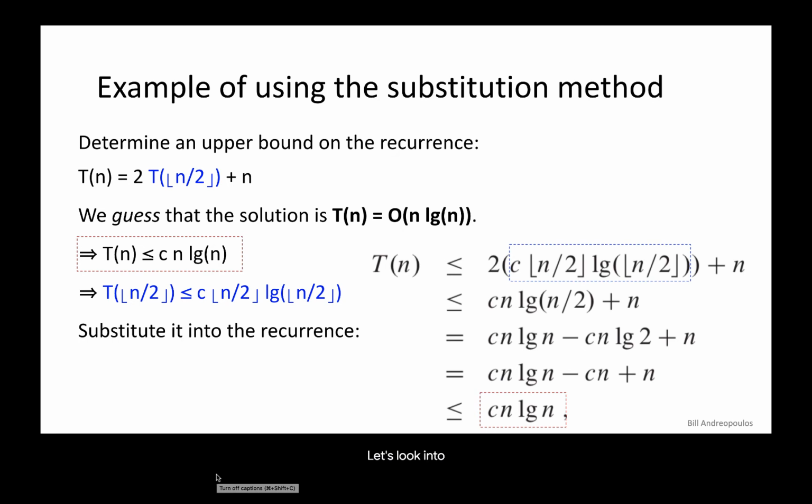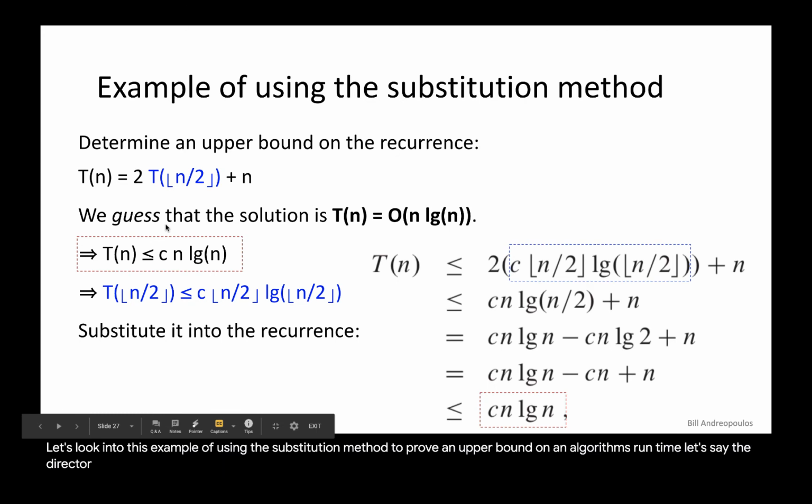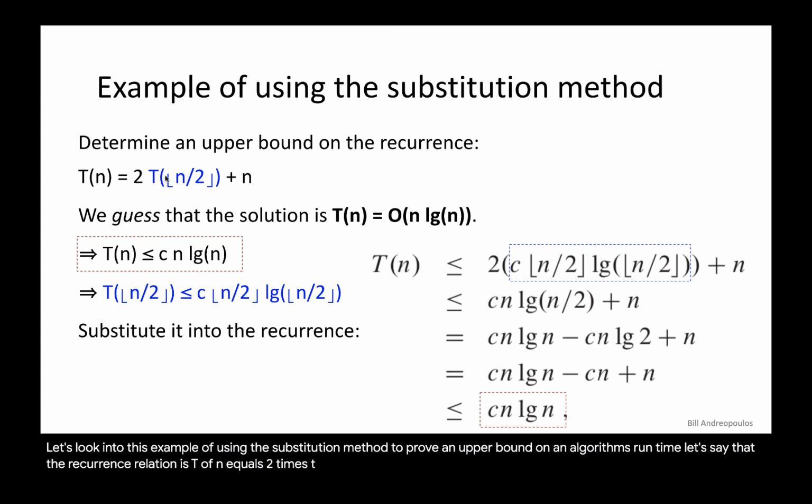Let's look into this example of using the substitution method to prove an upper bound on an algorithm's runtime. Let's say that our recurrence relation is T(n) = 2T(floor(n/2)) + n, and let's guess that the solution is T(n) = O(n log n).